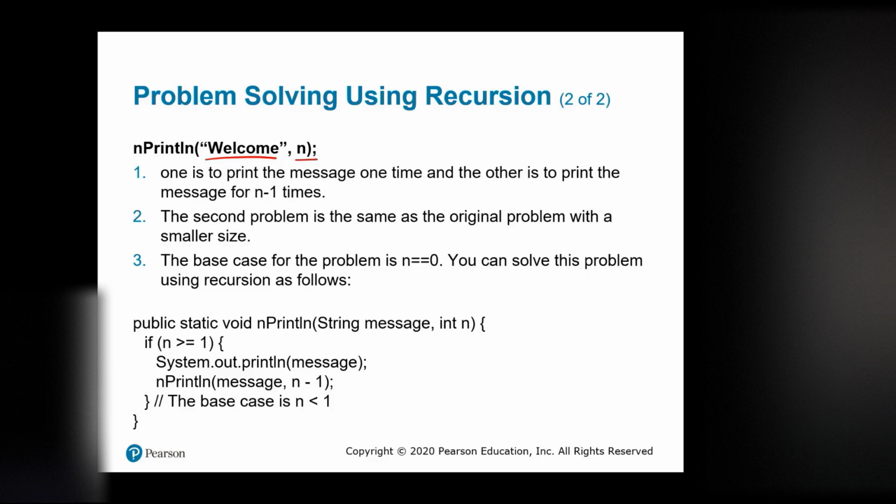We will just write a for loop which goes from 1 to n, and those many times it will print hello, or sorry, welcome. Now here, since we want to use recursion even for this problem, let's see how we can break it down. Can you see how you can break this problem down? Printing welcome n number of times.